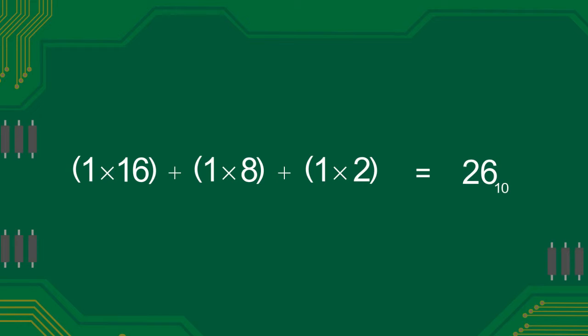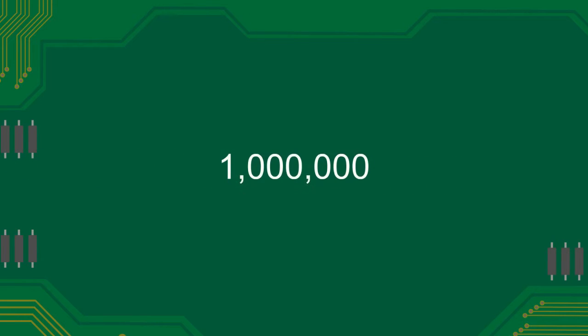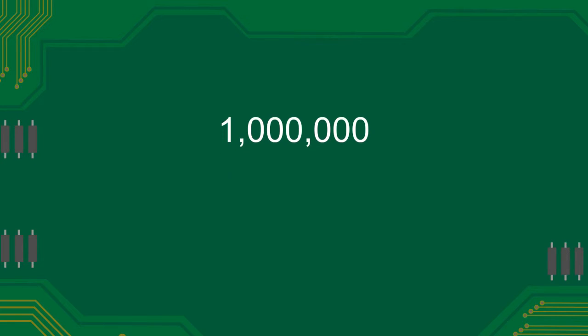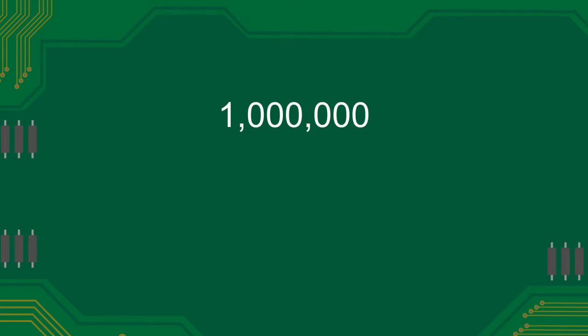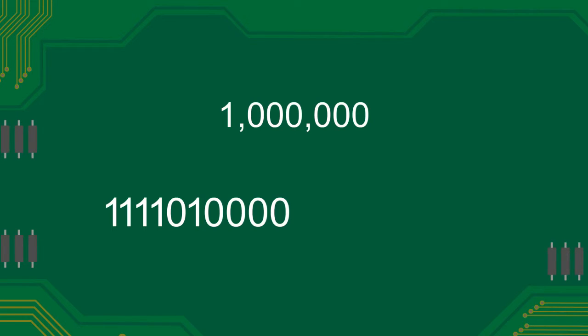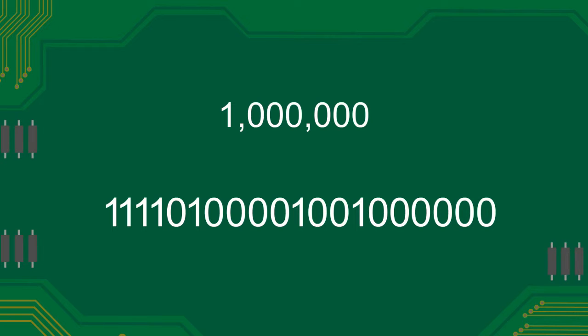Even though digital computers store numbers in binary, it can be quite tedious to write down or remember large binary numbers. For instance, the number 1,000,000 in binary is 11110100001001000000.